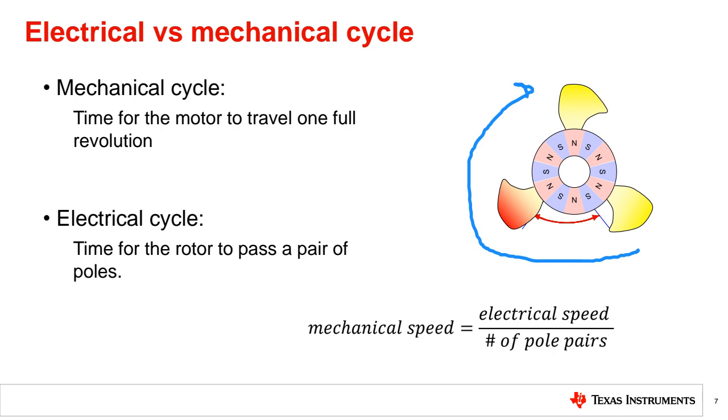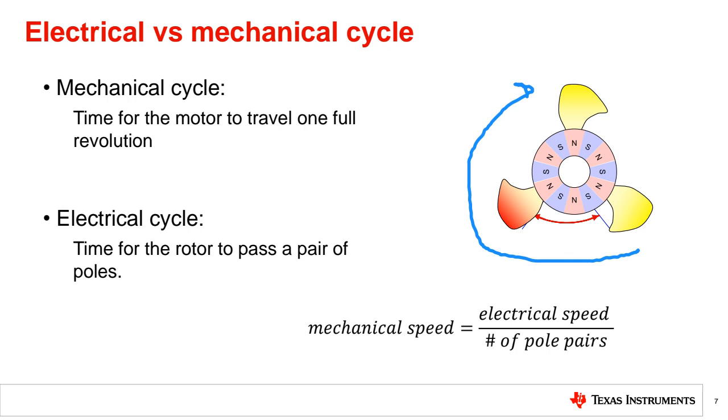Maybe we can say, as one can infer from the description of electrical and mechanical cycle, one mechanical cycle is equal to an electrical cycle times the number of pole pairs.